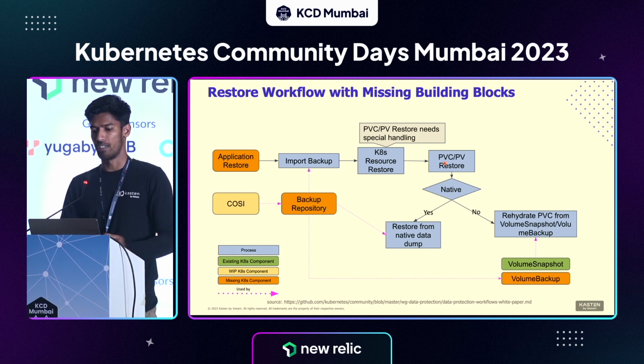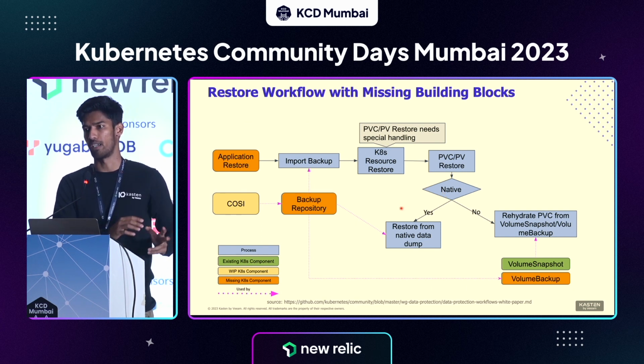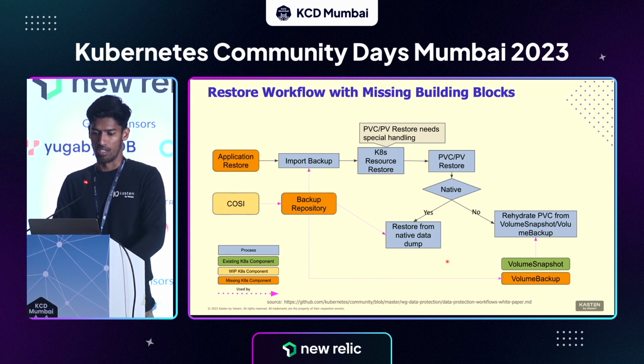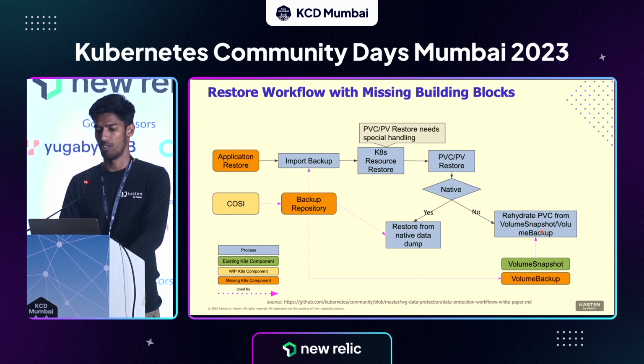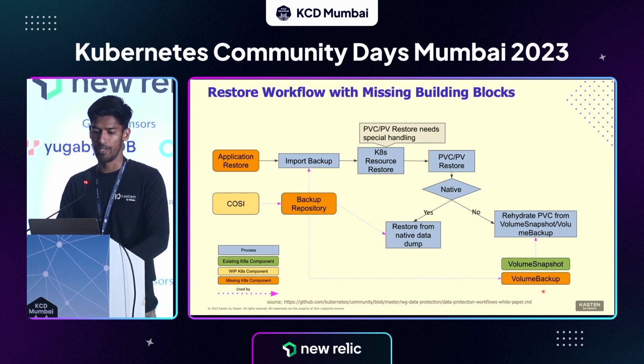So we have the application and data in place. We have restored the state. While restoring the data, again, if it's native, we directly copy the data from the backup repository to the PVC. If it's not native, we recreate the PVC from the volume snapshot. And if needed, using the volume backup API, we copy the data.